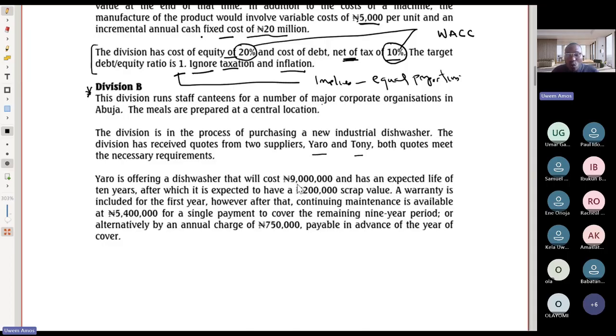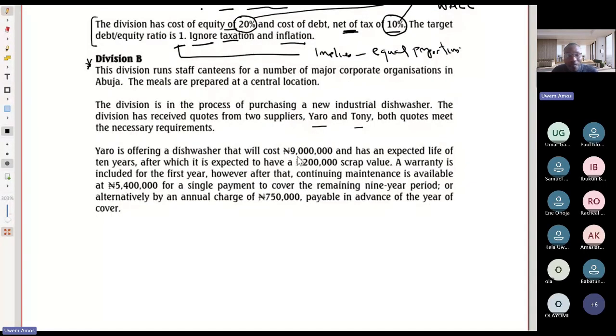The division has received quotes from two suppliers, Yarrow and Tony. Both quotes meet the necessary requirements. Yarrow is offering a dishwasher that will cost 9 million and has an expected life of 10 years, after which it is expected to have a zero scrap value. A warranty is expected in the first year.